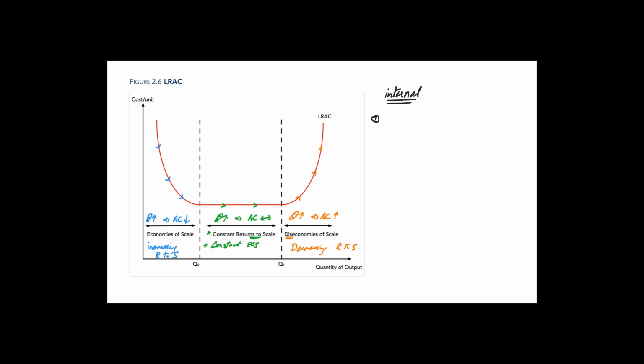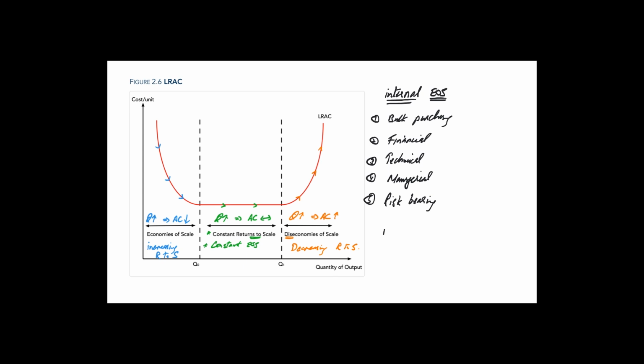In internal ones, we talked about bulk purchasing, we have spoken about financial economies of scale, there is technical, managerial, risk bearing, so many, marketing, and so on. These were the internal economies of scale.